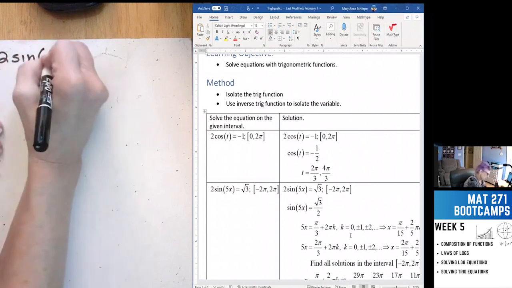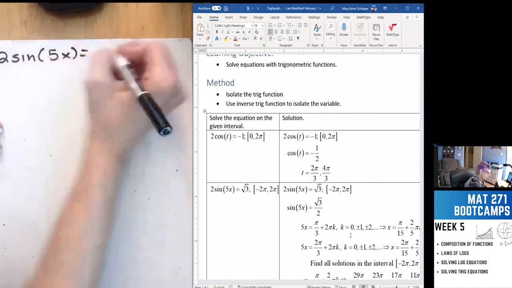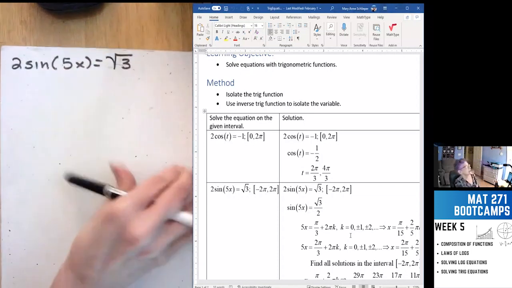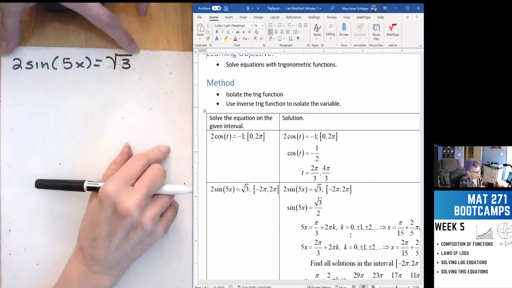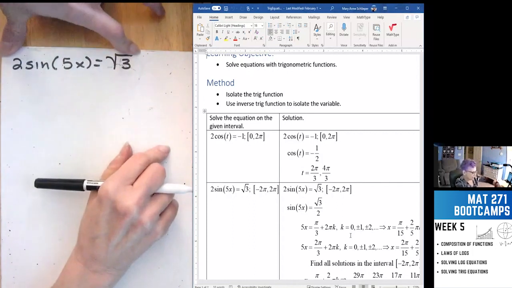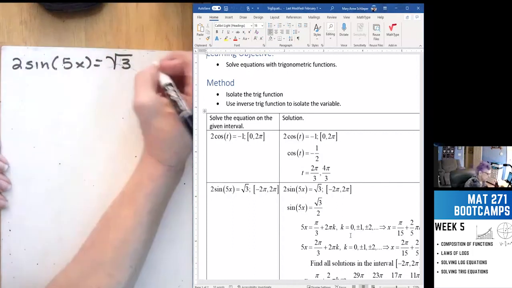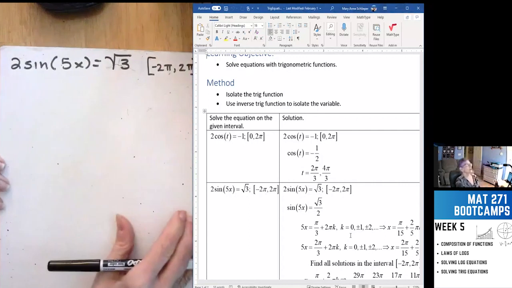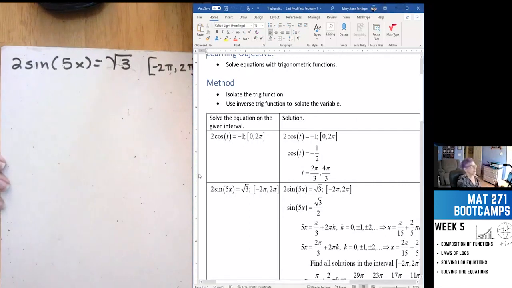2 sine 5x equals square root of 3. So we need to solve 2 sine 5x equals square root of 3. And again, we're given an interval over which we want the solution, from -2 pi to 2 pi.